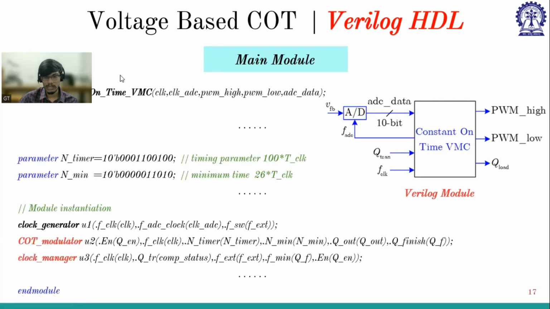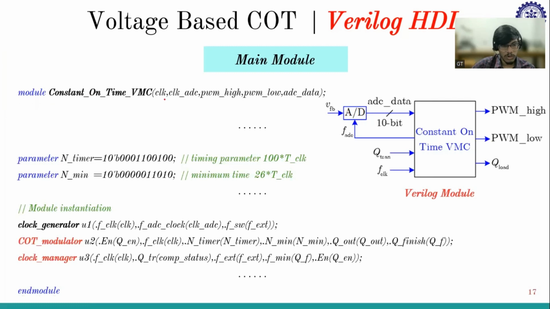The main module has inputs as well as outputs: clock, ADC data as input, and PWM high, PWM low as outputs. Here it has input, output, wire and range declarations. We'll not go into the details, as we have discussed them for voltage mode and current mode control.